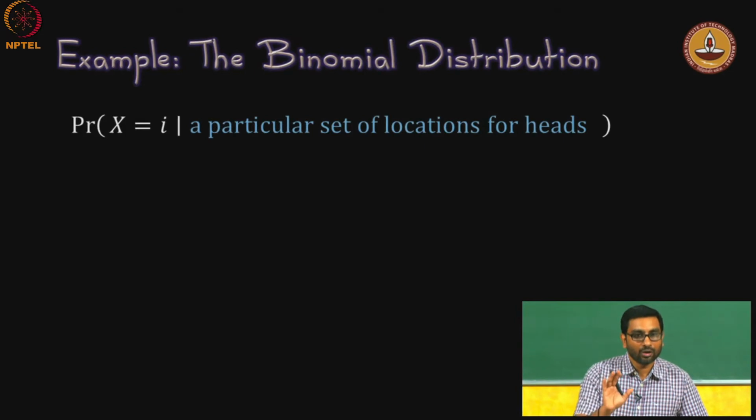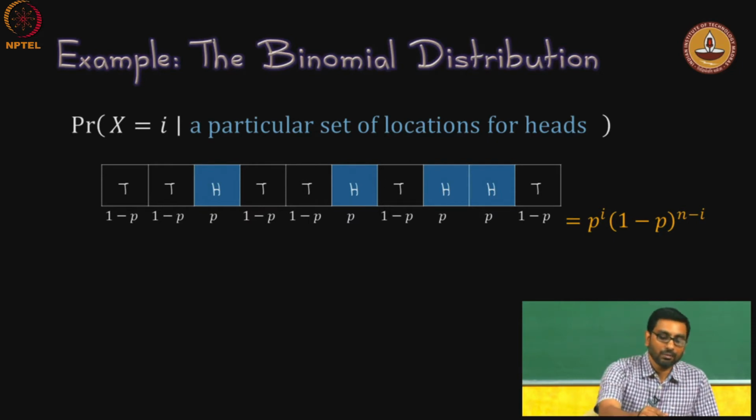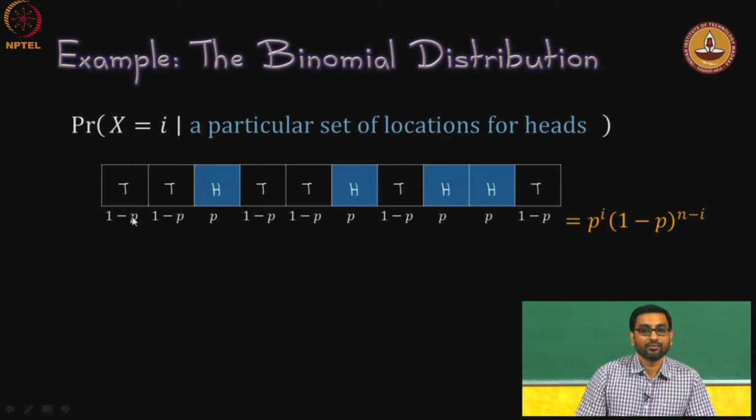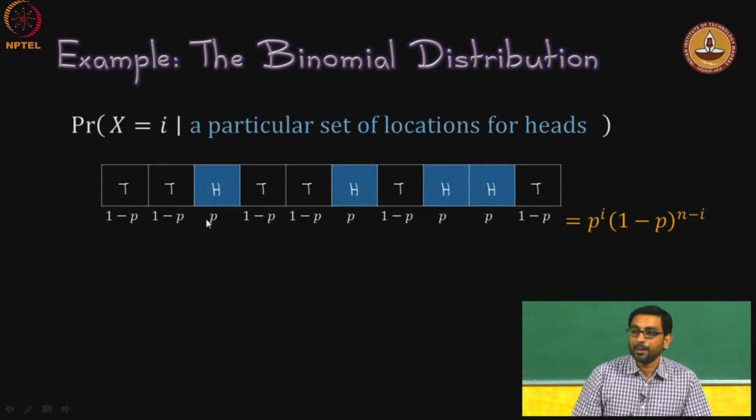So, let us focus on a particular situation where there is a set of locations, in particular i locations, where we want heads to occur, the rest of them tails. Okay. So, if you think about it, at each location where we want tails to occur, we want an event with probability 1 minus p to occur, and wherever we want heads to occur, that event will occur with probability p.